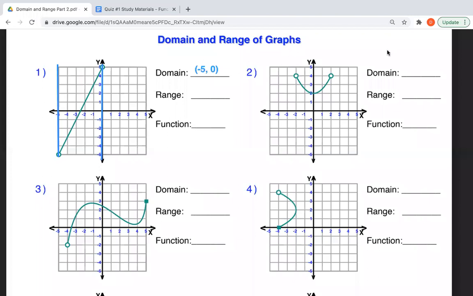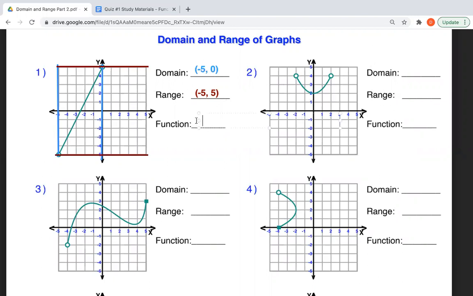My range, bottom of my graph, is at -5. The top of my graph is at +5. Both went through open circles, so I have (-5, +5) in parentheses. Now, is this a function? This one is a function.